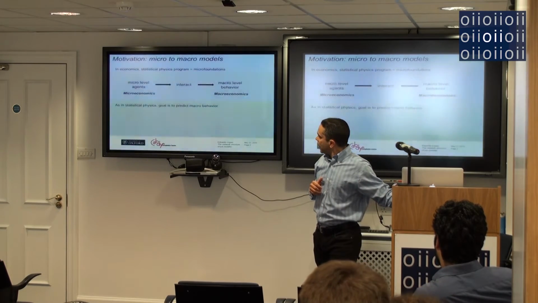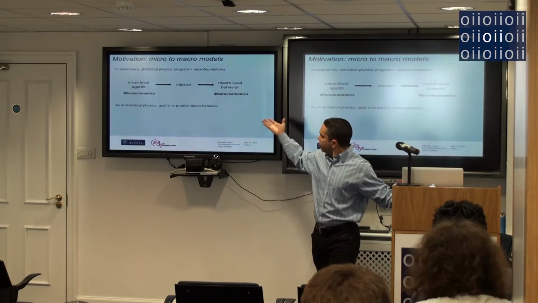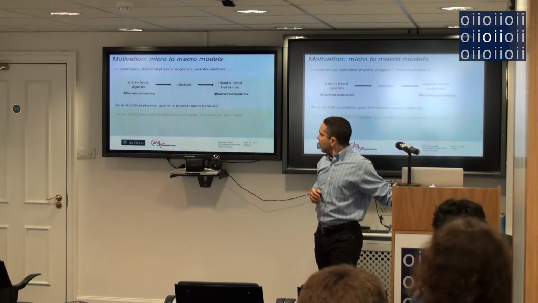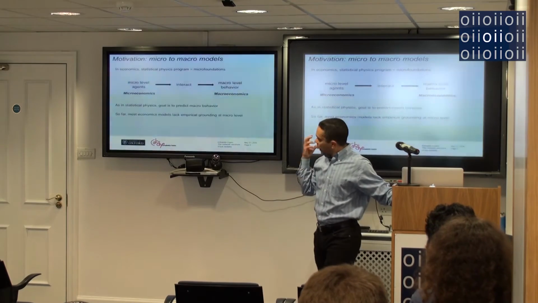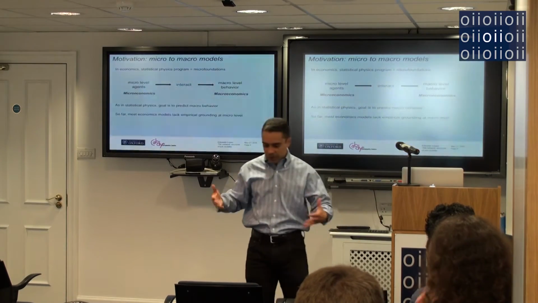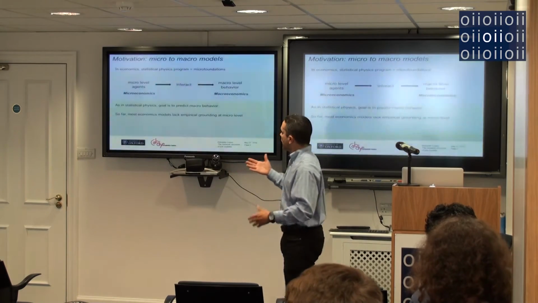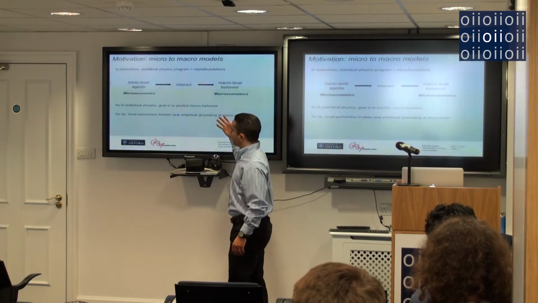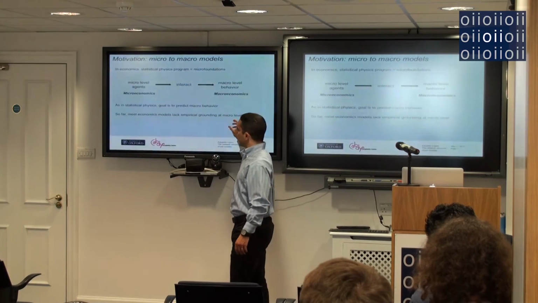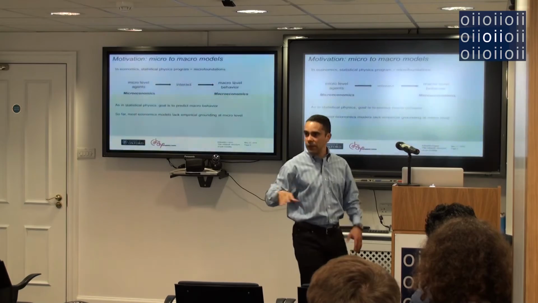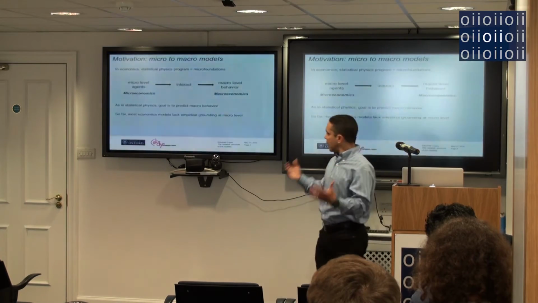Now, once again, the goal is to try and understand and predict what's happening at the macro level. And one of the problems in a lot of these contexts is that at the micro level, there are many situations in which the micro assumptions are not justified empirically. It's not always, but that happens quite a bit.